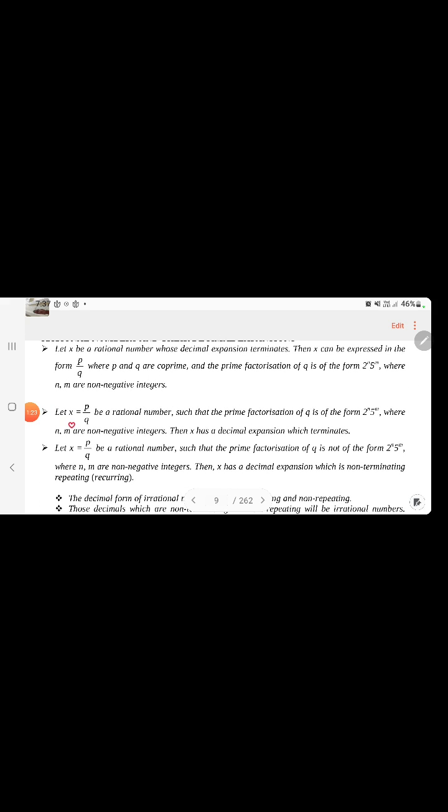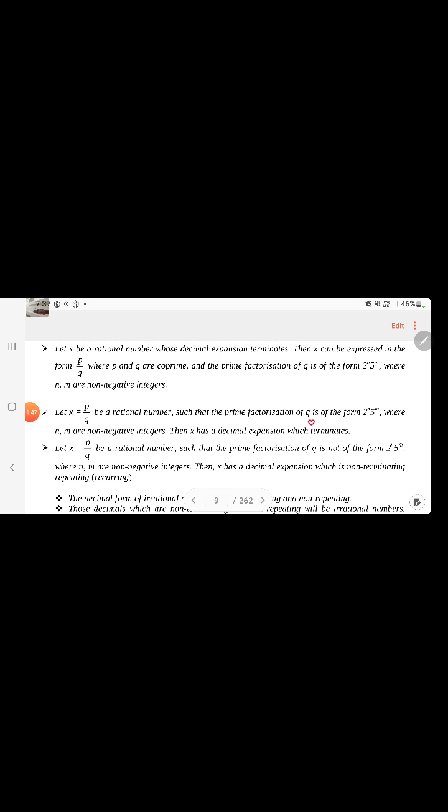Let x equal p by q be a rational number such that the prime factorization of q is of the form 2 power n into 5 power m, where n and m are non-negative integers. Then x has a decimal expansion which terminates. So these two theorems are vice versa.